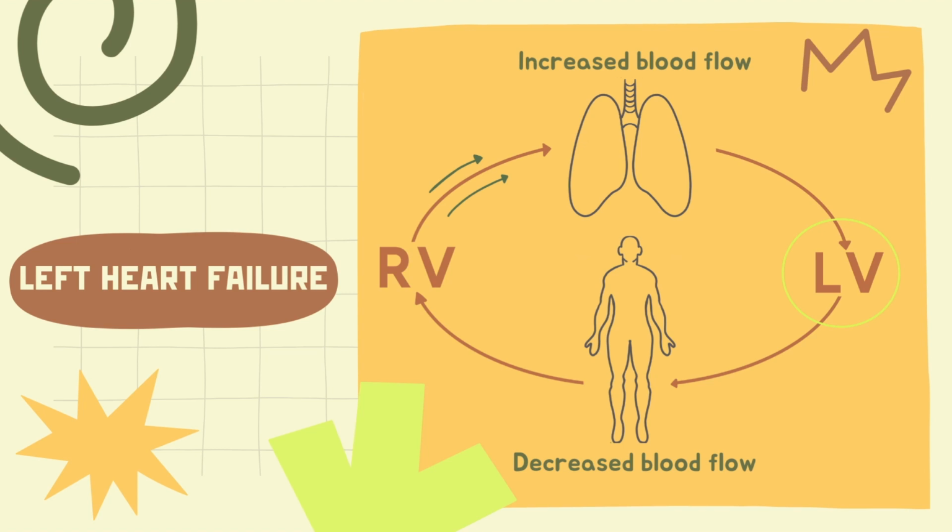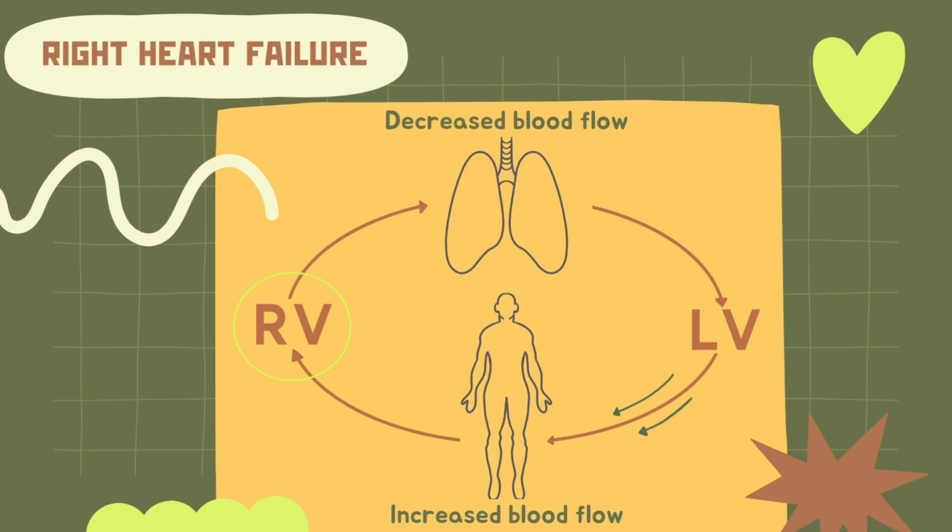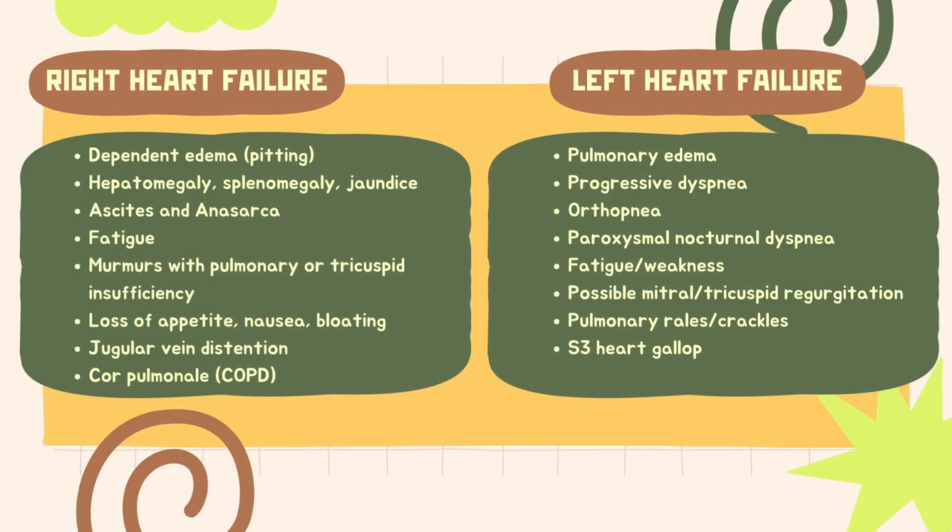This leads to pulmonary edema with symptoms such as wheezy breathing sounds, shortness of breath, and fatigue. Right heart failure is the opposite. The right ventricle has decreased output, leading to decreased blood flow to the lungs, but the left ventricle has normal function, leading to increased blood flow to the body, and this leads to peripheral edema.